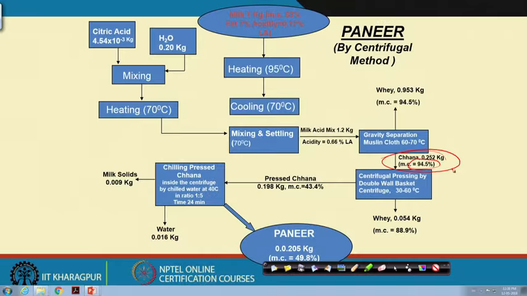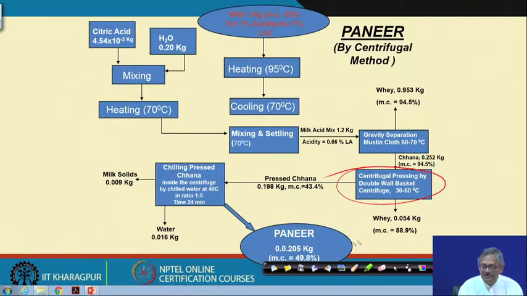So here also you see that 0.252 kg we got with a moisture content of 94%, right. Then it is centrifugally separated. Centrifugal pressing by double wall basket is done, and this centrifugation is done between 30 to 60 degree centigrade.